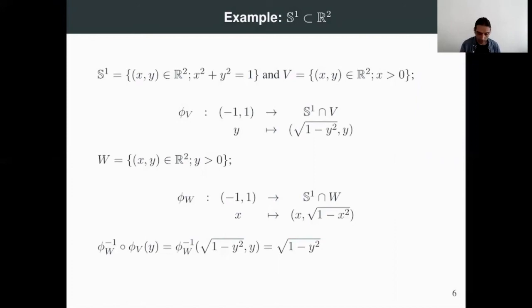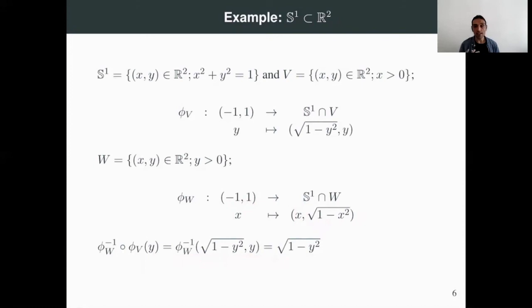If we apply the first parametrization to y, we obtain this formula. But if we apply the inverse of the second parametrization, which sends a point to its first coordinate, the result is just the positive square root of 1 minus y squared.